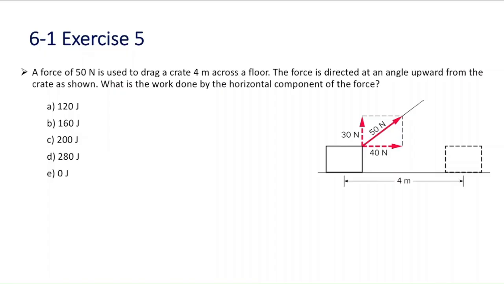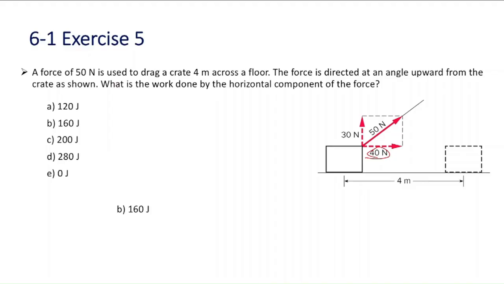The horizontal component of the 50 Newton force here is 40 Newton. So before we calculate, what do you remember about work? What's the formula for work when the force is at an angle? Again, pause the video for a moment and think about your answer before moving on. The answer should be B, 160 joules.